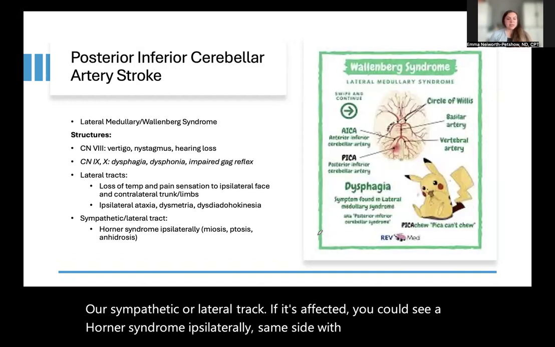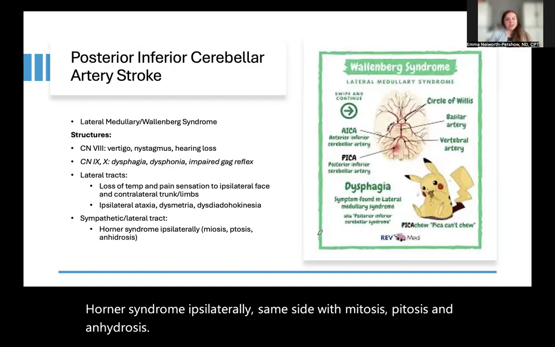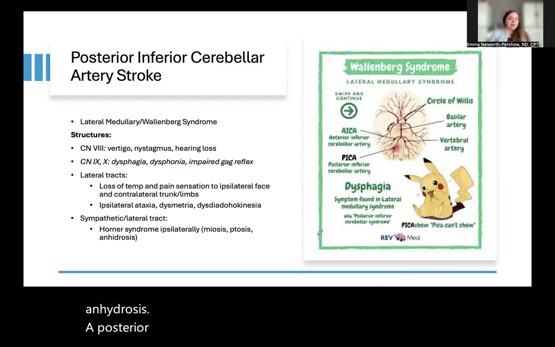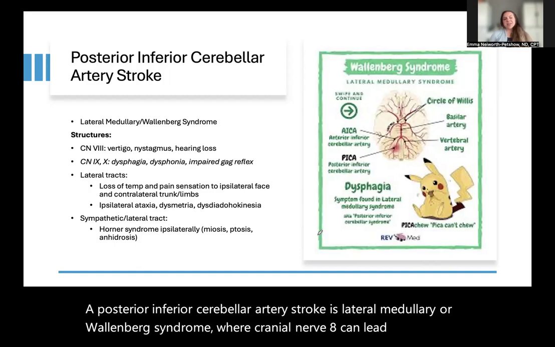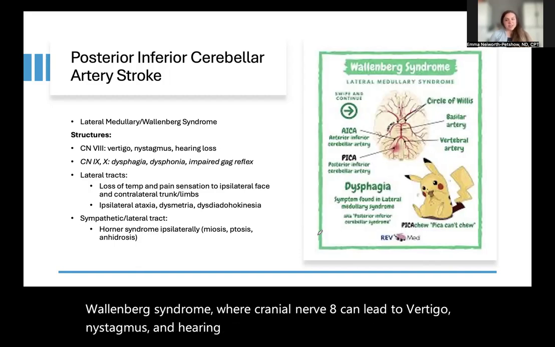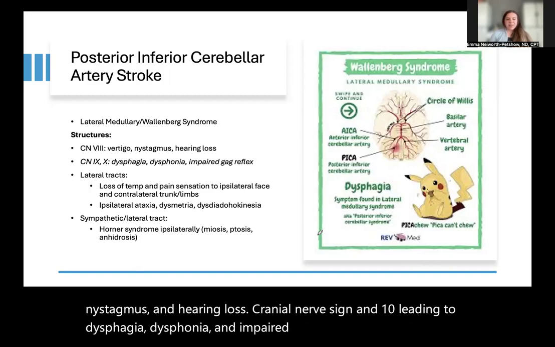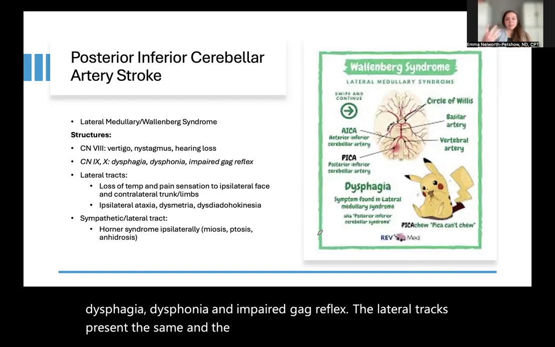A posterior inferior cerebellar artery stroke is lateral medullary or Wallenberg syndrome, where cranial nerve 8 can lead to vertigo, nystagmus, and hearing loss, cranial nerves 9 and 10 leading to dysphagia, dysphonia, and impaired gag reflex. The lateral tracts present the same, and the sympathetic tract, if affected, presents the same.